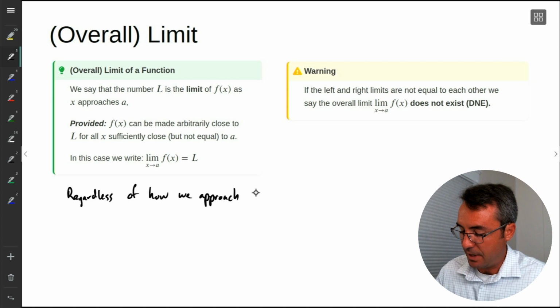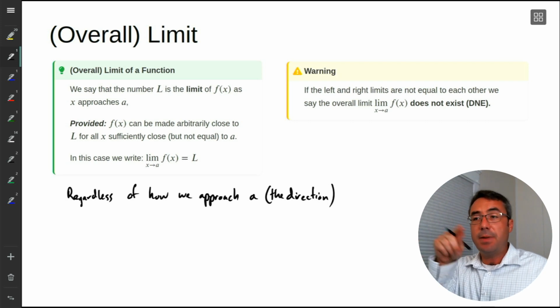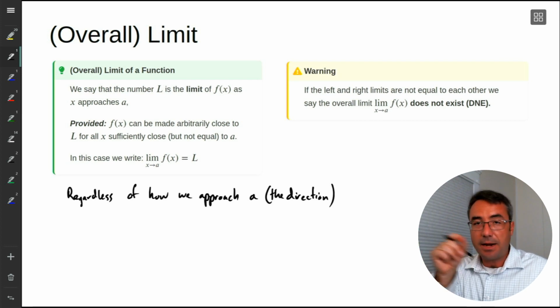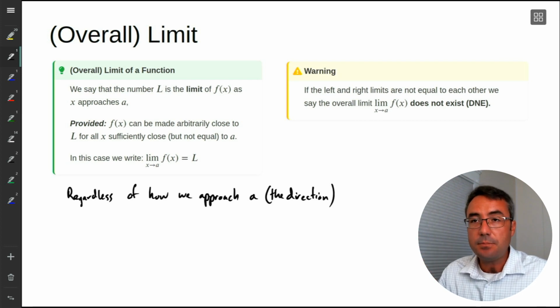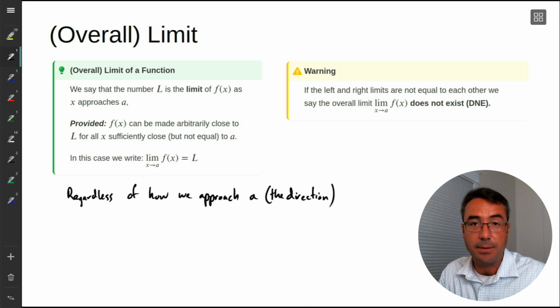So it's regardless of how we approach a, the direction. So we could be talking about the left, the right, or maybe we're bouncing back and forth from x values on the left to x values on the right, back and forth. And we're still seeing they're kind of getting closer and closer to this one common value.